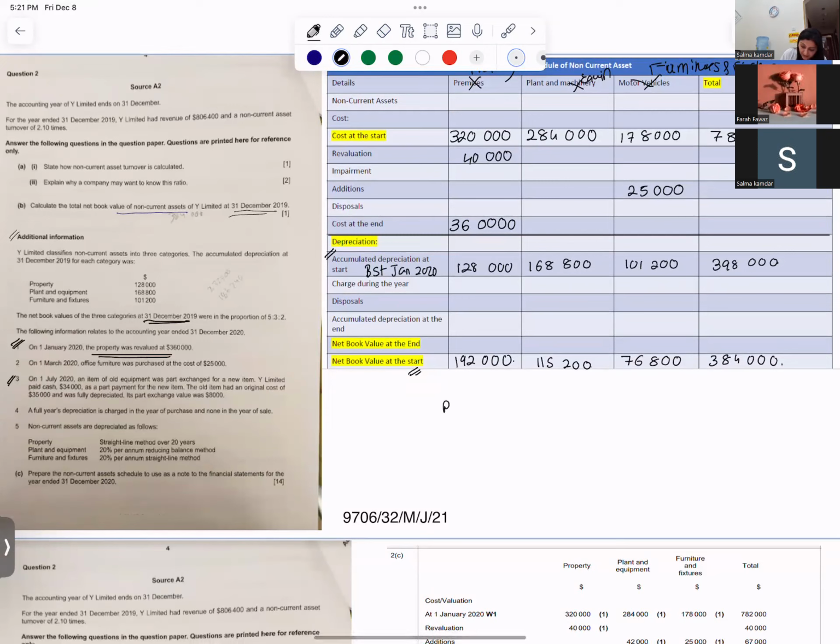Okay. Y Limited paid cash 34,000 as part payment for the new item. And this old item had original cost of how much?